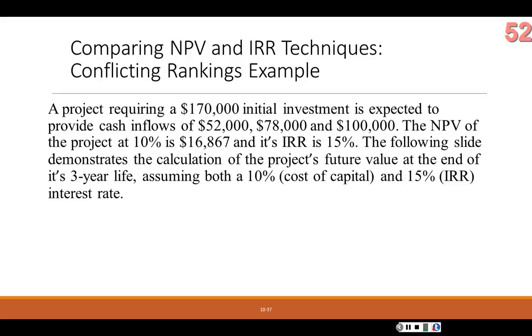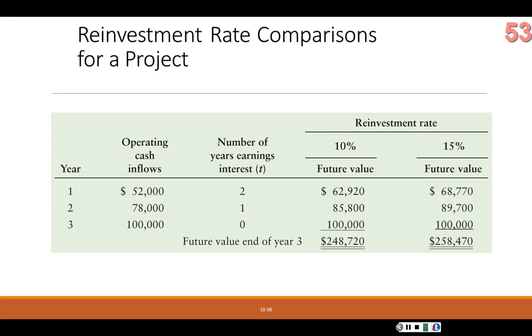So if we assume that these intermediate cash flows are going to be reinvested at the cost of capital, the future value of these cash flows would be $248,000. If they were reinvested at 15%, the internal rate of return, the future value would be $258,000. So you earn an extra $10,000 using the internal rate of return as the reinvestment rate, which may not be realistic.